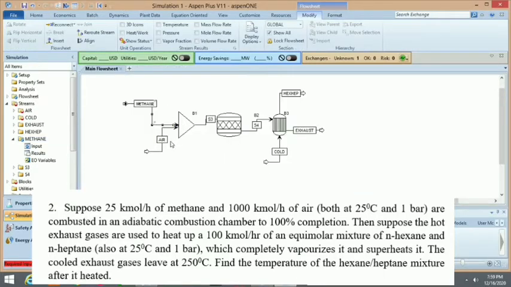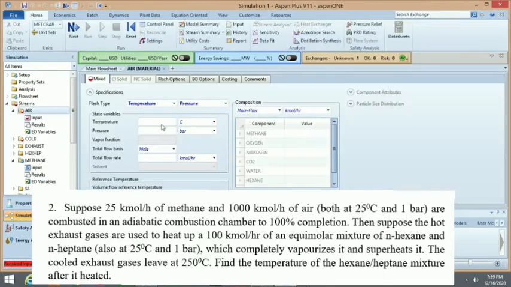Now let's put the input of air. Air is also at the same temperature and pressure, and the mole flow rate is 1000 kmol/hr. In the air the mole fraction of oxygen is 0.21 and nitrogen is 0.79, hence the total mole fraction is 1.